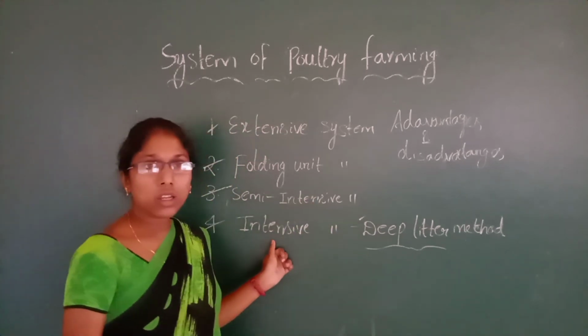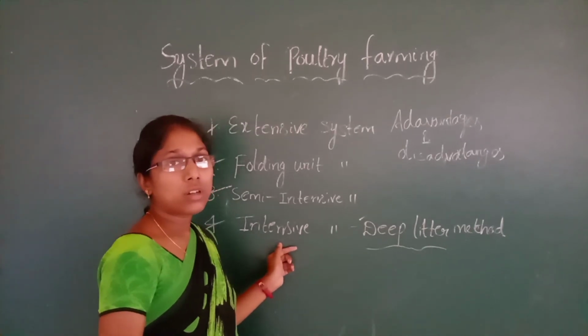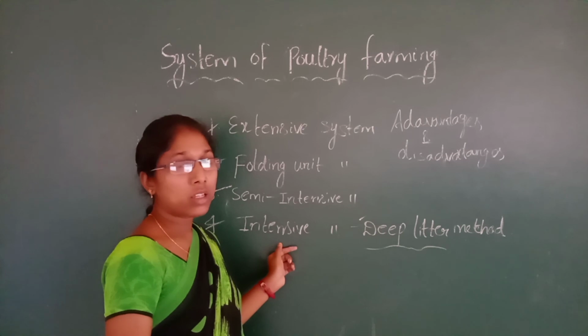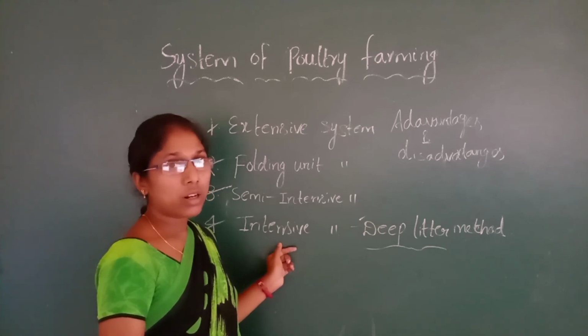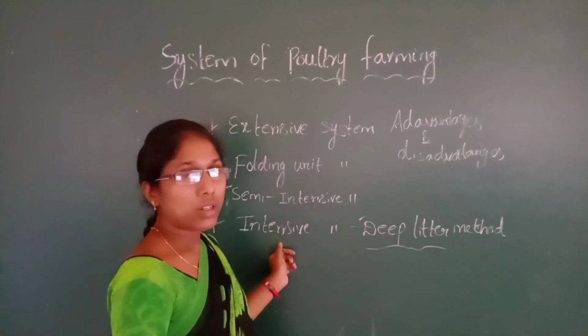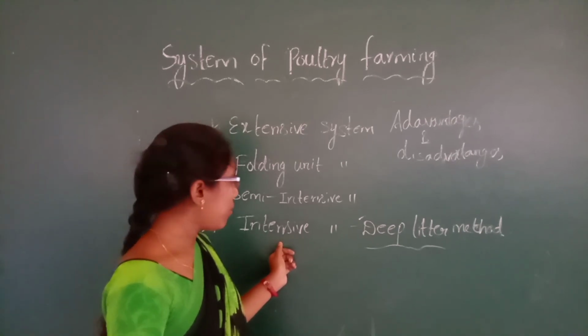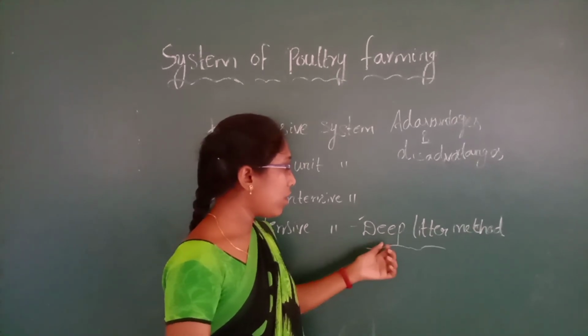The last one is the intensive system. In the intensive system, the birds are confined entirely to the house and are not allowed to go outside. We give water and feed inside only. One method here is the deep litter method.